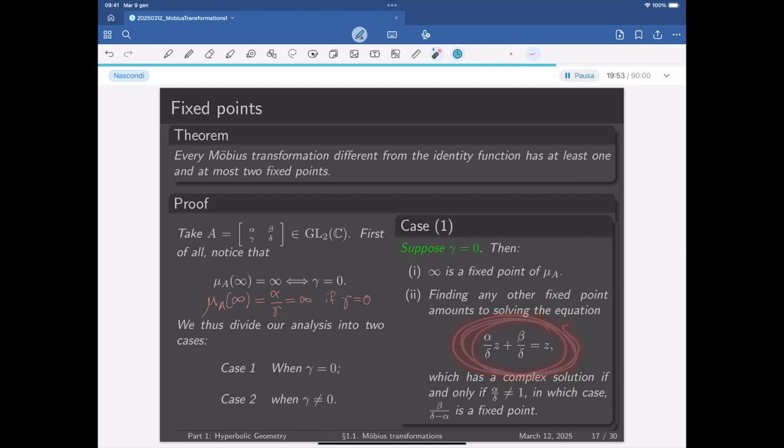Here I made some mistake. Here I have to assume already that mu alpha is not the identity, which is, if you want, part of the statement of the theorem. Okay.